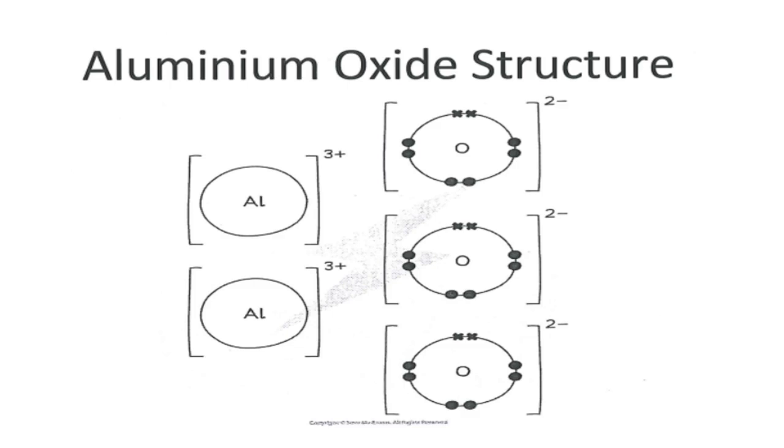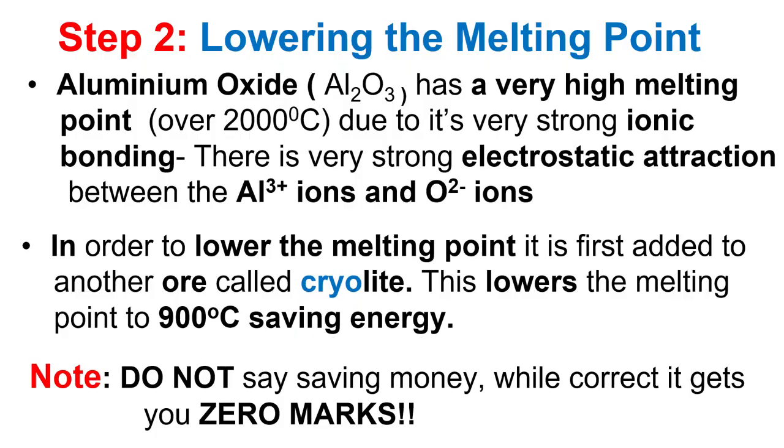The Al3+ ions and the O2- ions have a very strong electrostatic attraction, resulting in a very high melting point. So the first thing we do is lower the melting point. Aluminium oxide has a very high melting point, over 2000 degrees, due to its strong ionic bonding. There is also strong electrostatic attraction between these Al3+ ions and O2- ions.